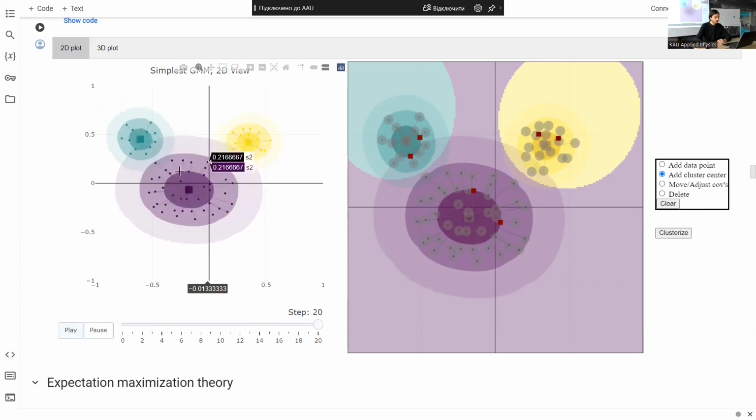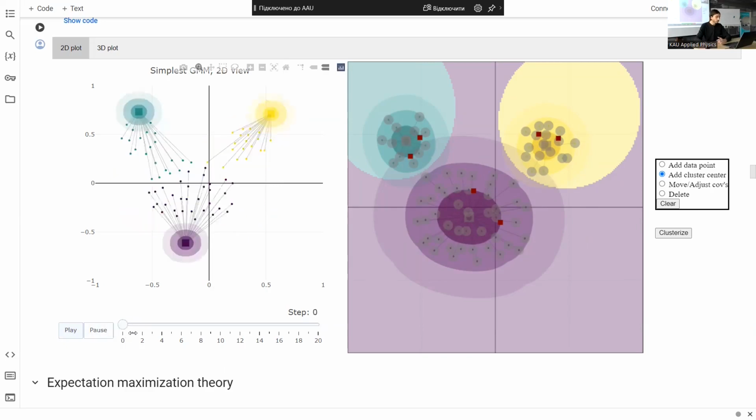So here is my main blob, and these are the ears of the Mickey Mouse. And you see that the right ear, it somehow happened that I have put these points a little bit further from the head of the Mickey Mouse, and it stabilized almost immediately.